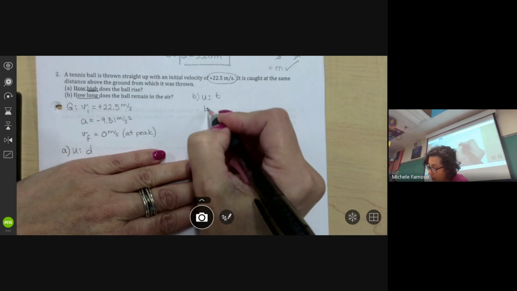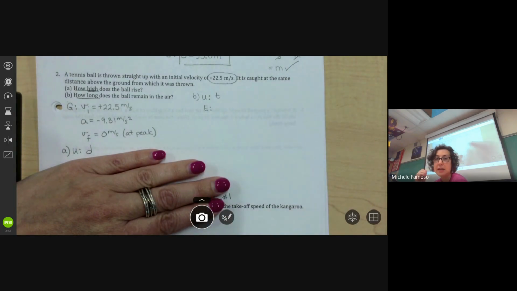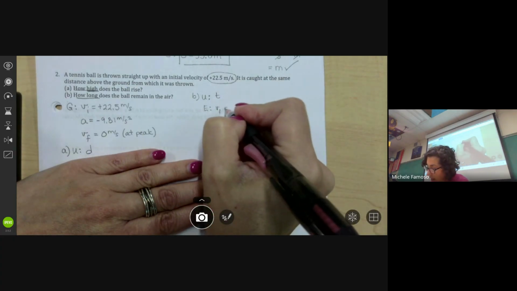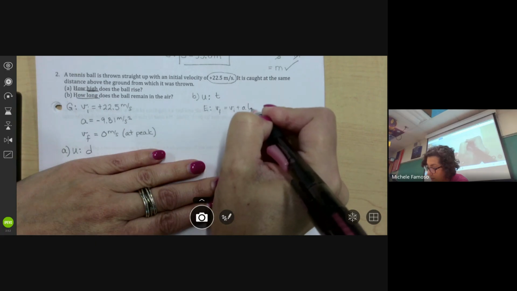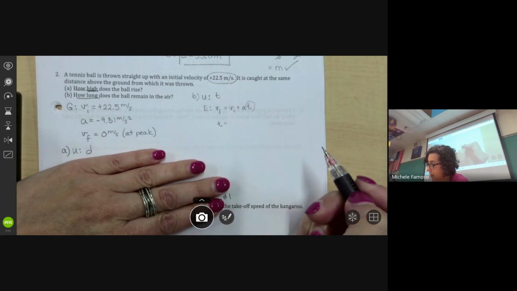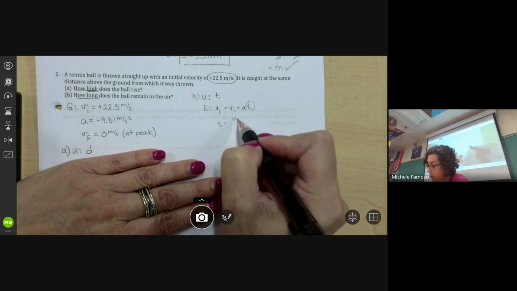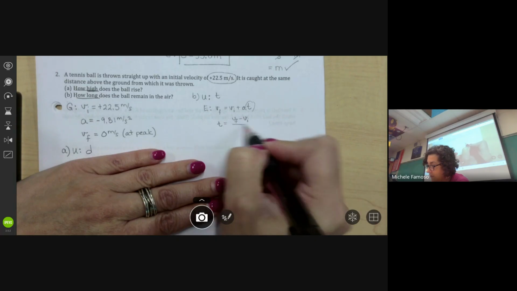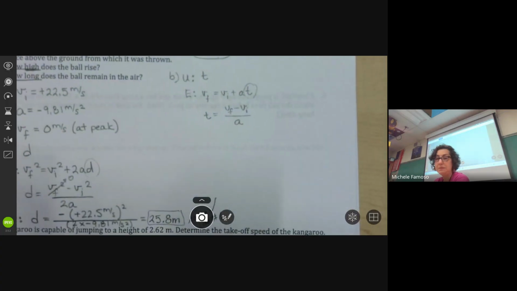Gavin, any idea what equation you'd like to select for that? That's what I would pick as well. So now you've got to move it around to solve for T. And when you do the algebraic manipulation for T, you get VF minus VI over A. Zoom in a little bit more.